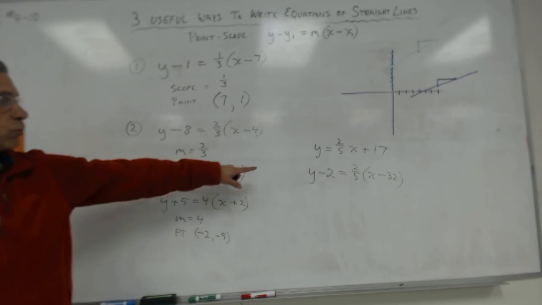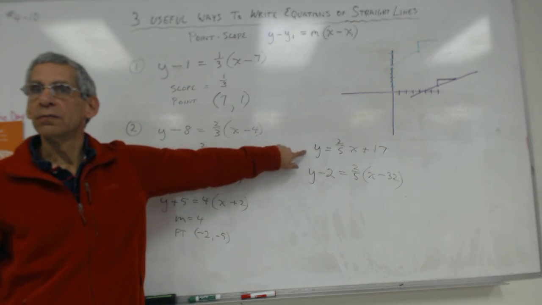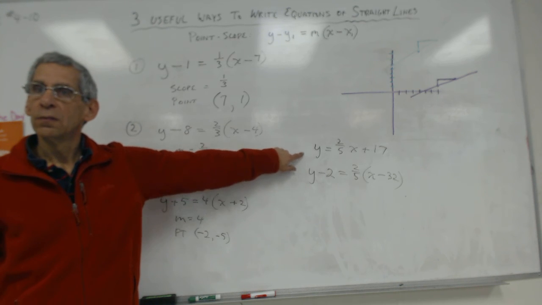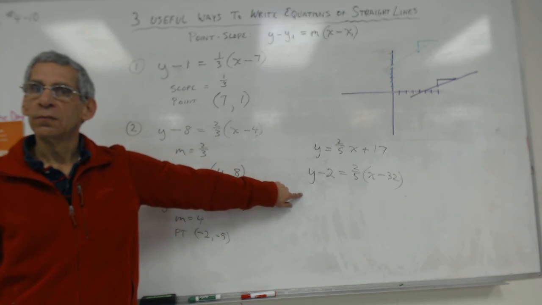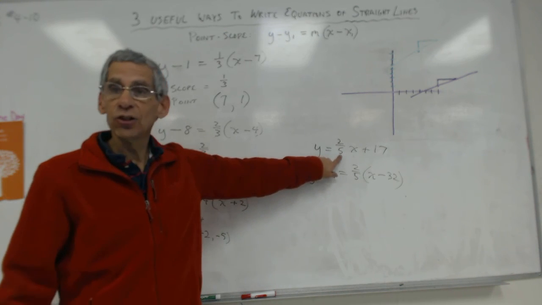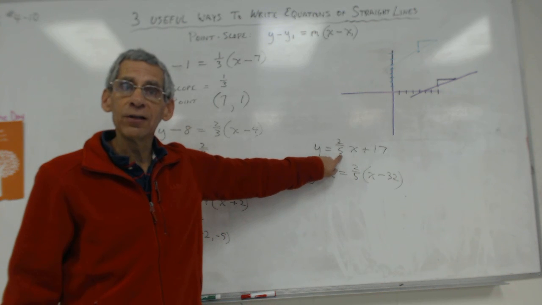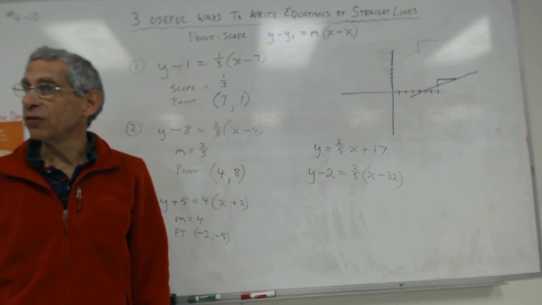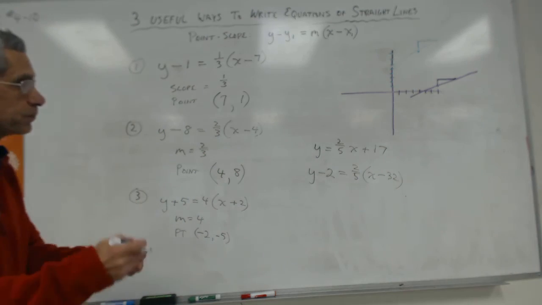All right, everybody look at these two equations. Are they parallel? Caleb, are they parallel? Yes, they are. How do you know? Because they both have 2/5. Right. That's your slope. The M is there. That's 2/5. They're parallel. They have to be.